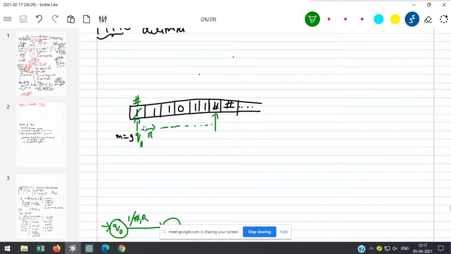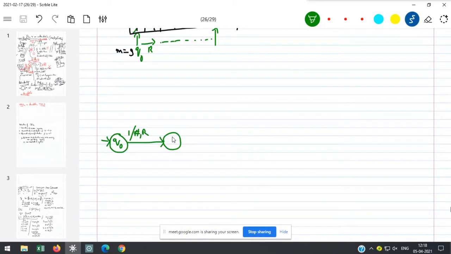While moving, you're going to come across symbols like 1 and 0, but you do not modify them, keep them as they are, and move till you find the hash.